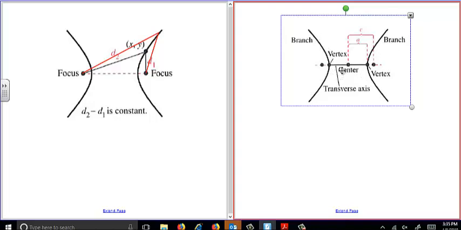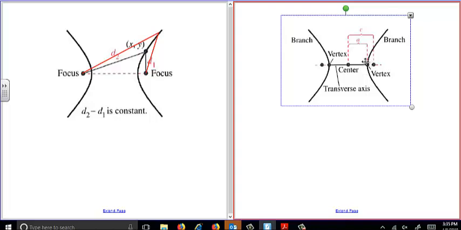And then the dimensions: the distance from the center to the vertex is a, just like with an ellipse. But the focus is outside the vertex, whereas for the ellipse, the focal point was between the center and the vertex.